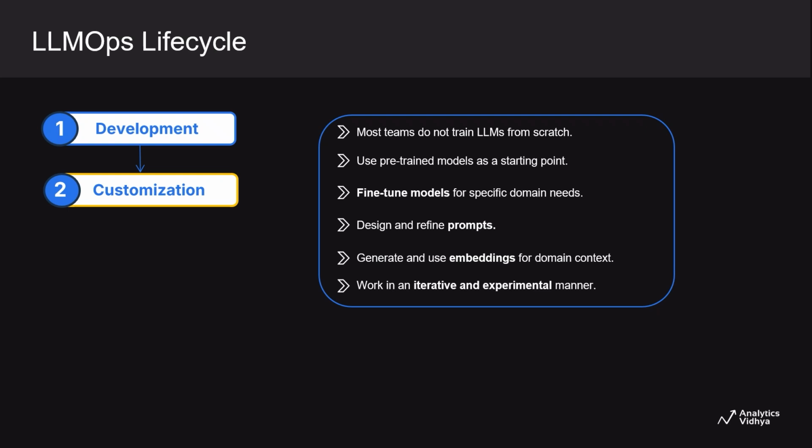Sometimes even a small change can significantly improve or degrade output quality. Third, generating and using embeddings for domain context, for example, embedding company documents so the system can answer internal questions.